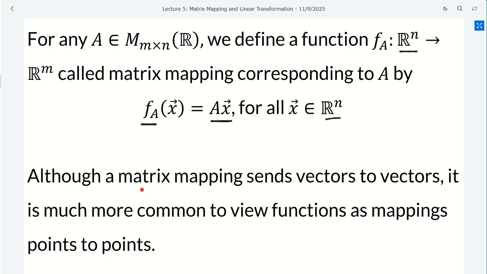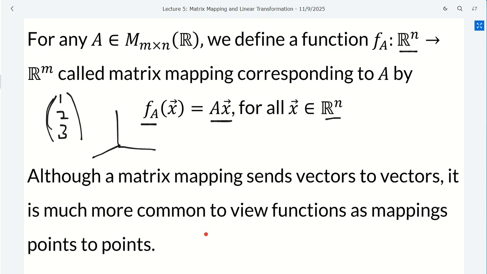All right, so although a matrix mapping sends a vector to a vector, it is much more common to view functions as mapping point to point. Now, when I have a vector like 1, 2, 3, you are going to tell me that this is indeed a vector. But if I draw a 3-dimension plane, you will tell me that this is a point in 3 dimensions.